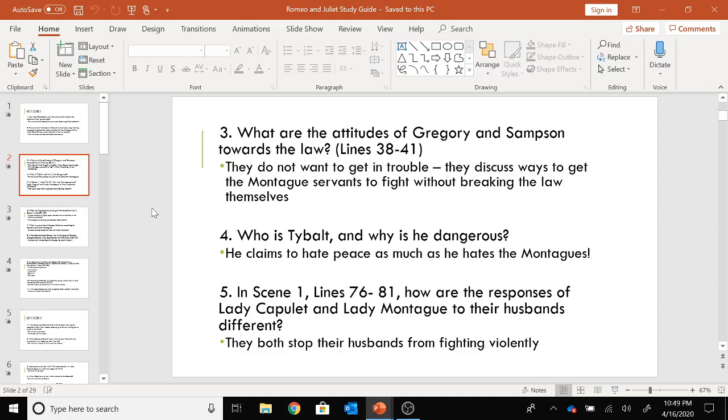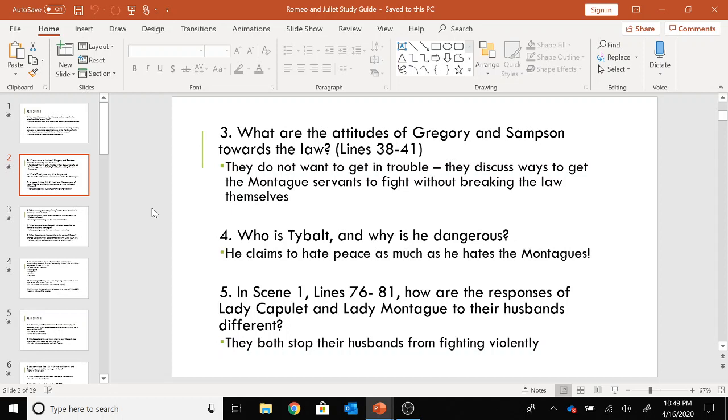And so Tybalt is a very important character, but a very unique character, right? Especially here on why he is so dangerous, right? He claims to hate peace as much as he hates the Montagues. And keep in mind, Shakespeare was very keen on foreshadowing the future. So what could this foreshadow in our story?